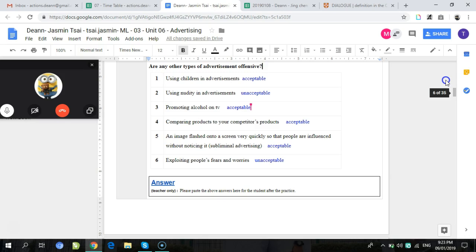Okay, so how about number 3? In Taiwan, the advertisements of alcohol also will show a sentence at the bottom, like a warning, that it is not suitable to drink too much alcohol, or we cannot drive after we drink alcohol.